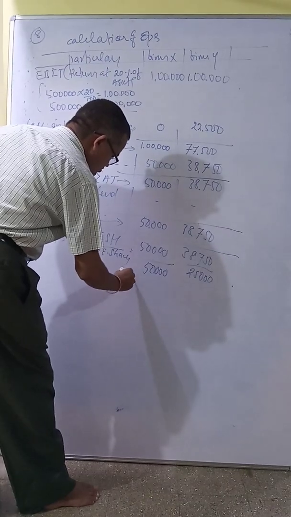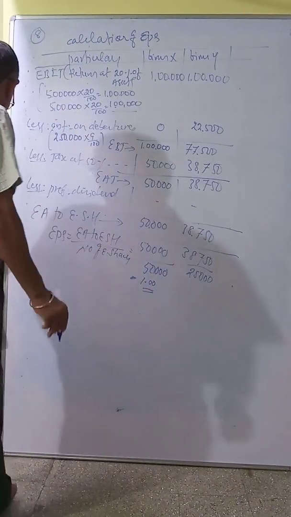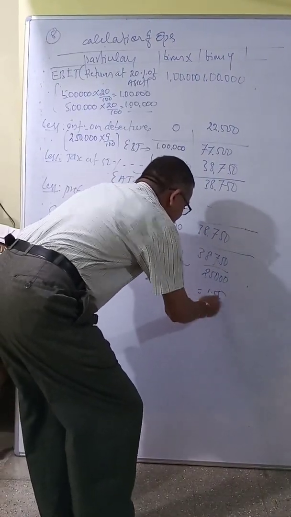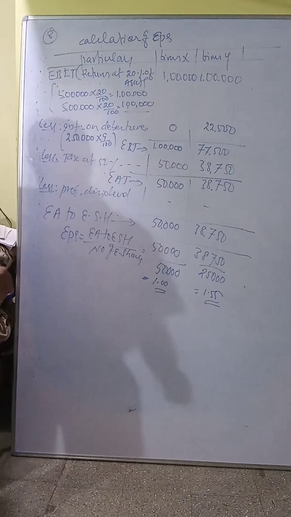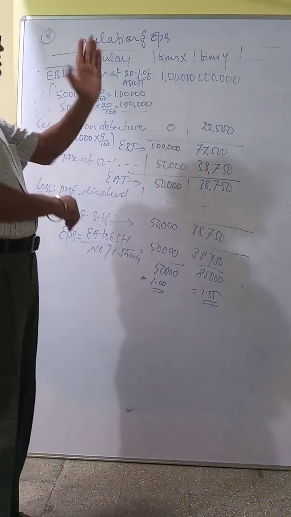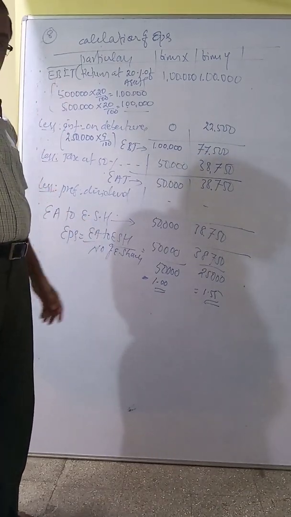So here it equals 1 rupee, and this divided by this gives 1.55. So this is called EPS if assets are given in the question.